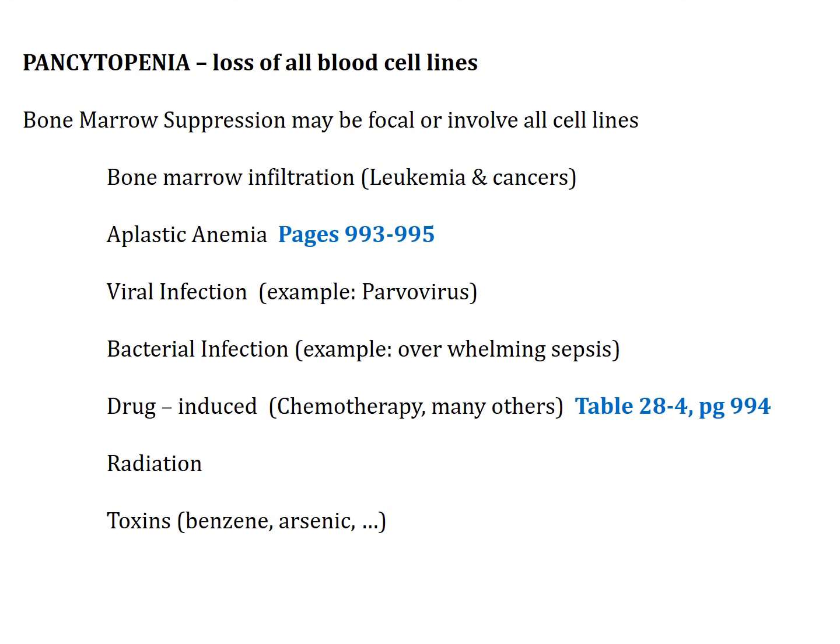Total suppression of bone marrow can happen for numbers of different reasons. It could be genetic, it could be an inherited disorder. It could be due to infiltration of the bone marrow by cancer, metastatic cancers, including cancers which arise in the bone marrow, leukemia.